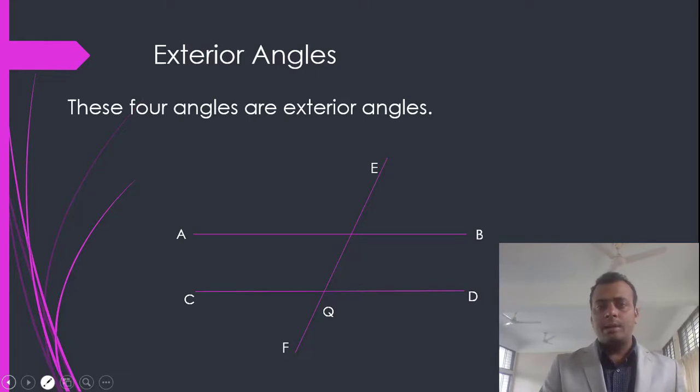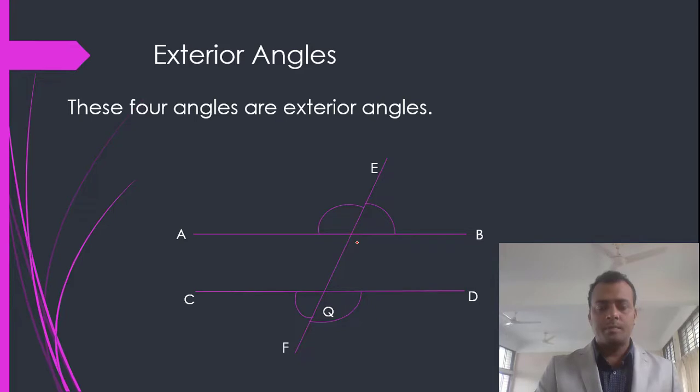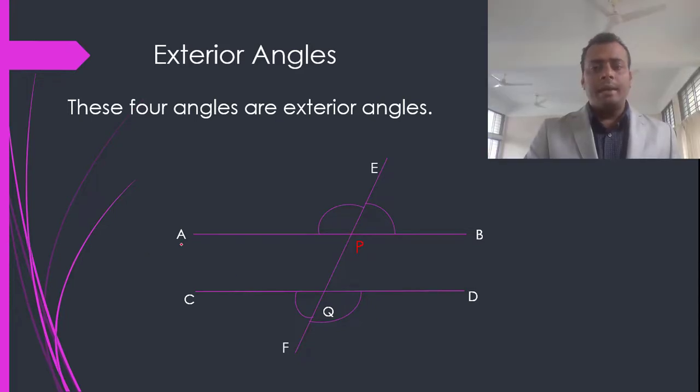These four angles are called exterior angles: APE, then DQF, BPE and CQF. There should be a P here. Now, APE, BPE, CQF and DQF.